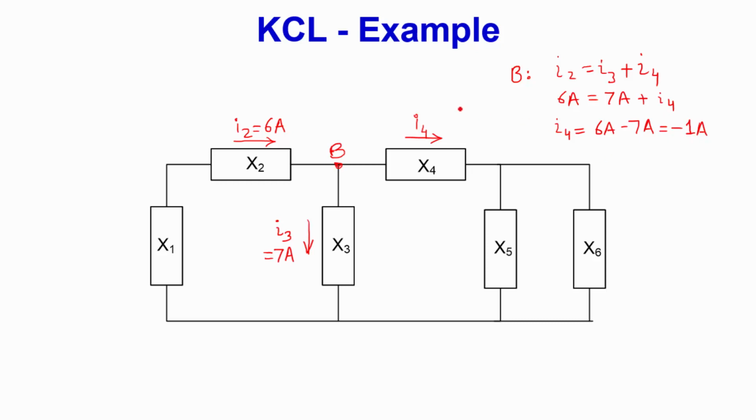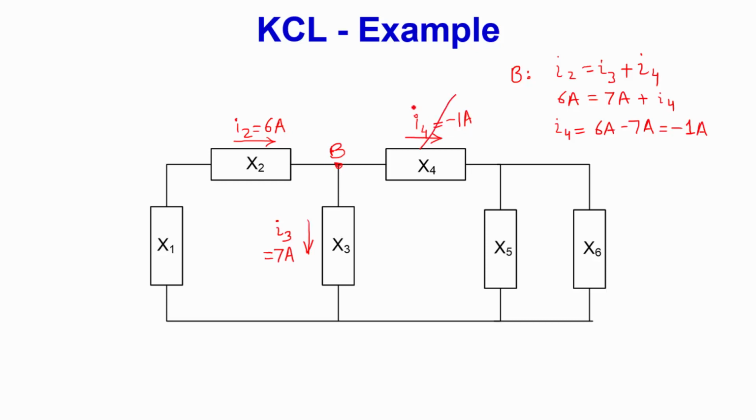Well, in this case, we can say that minus 1 ampere is flowing towards right. However, it is not very intuitive, so instead we reverse this sign and also we reverse the direction of this current.